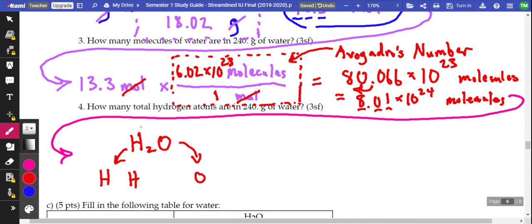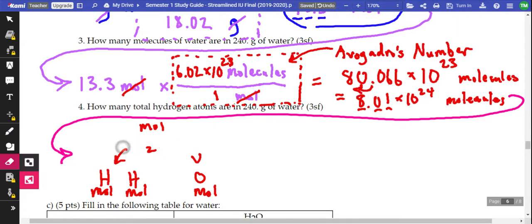That means if I have a mole of H2O, I've got 2 moles of H and 1 mole of O contained in that compound. So we now have a relationship for this based on the formula of the compound.